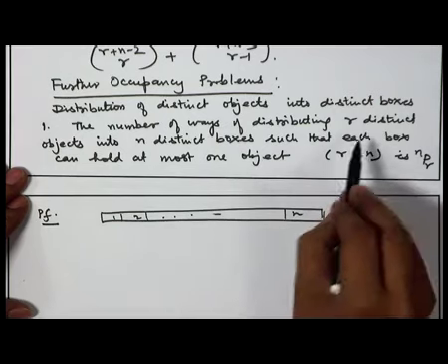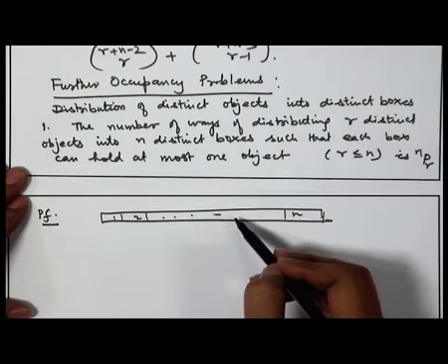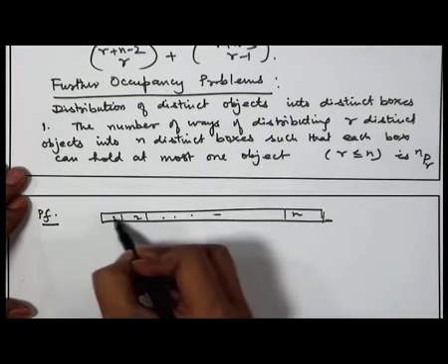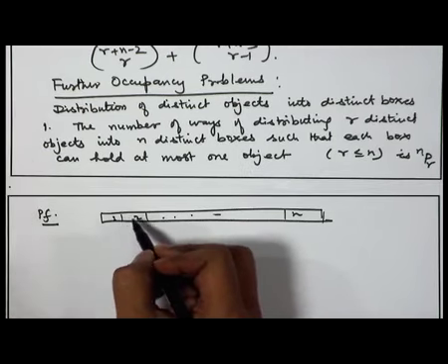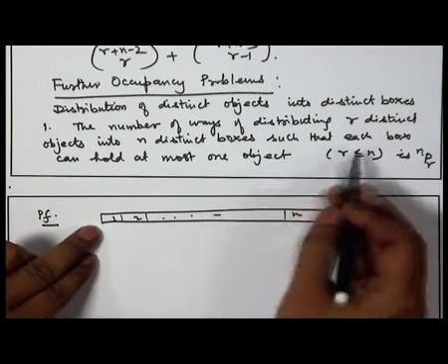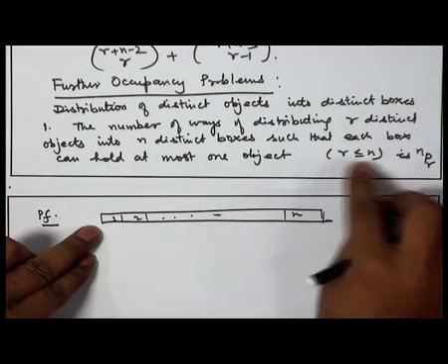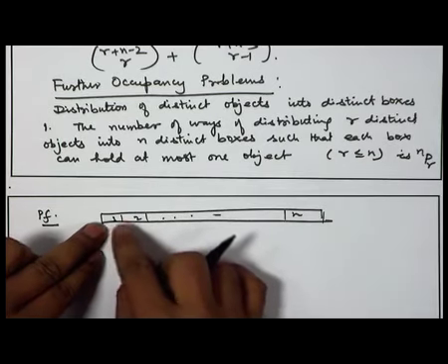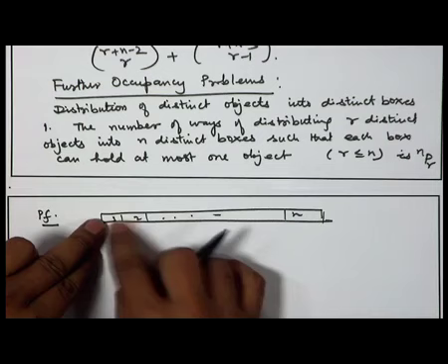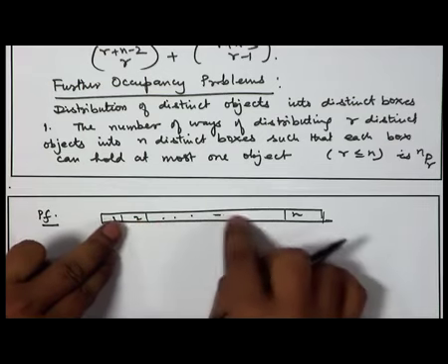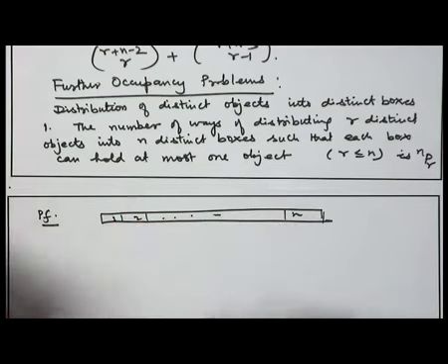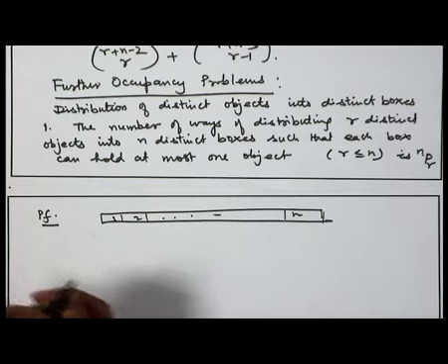Now, you are saying that you will put r objects into this. Because each box can have at most one object, r is less than or equal to n. Wherever you put them is nothing but one arrangement of r things out of n.